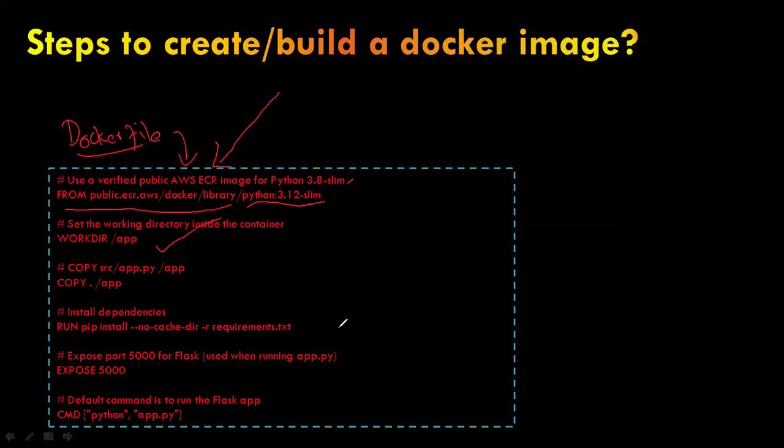All the Python related packages, including Flask, Pandas, NumPy, were there. So what this line does is copy everything from my current project folder on my computer into the app folder inside my container.